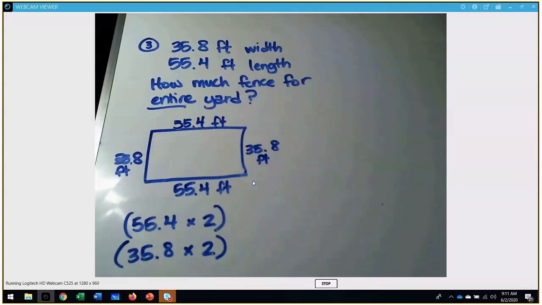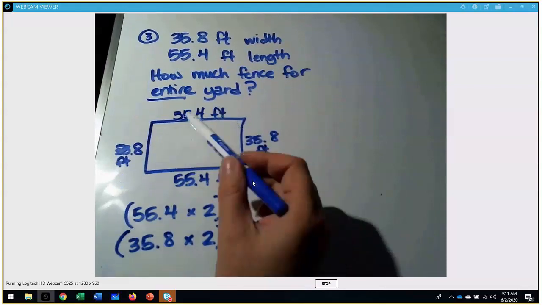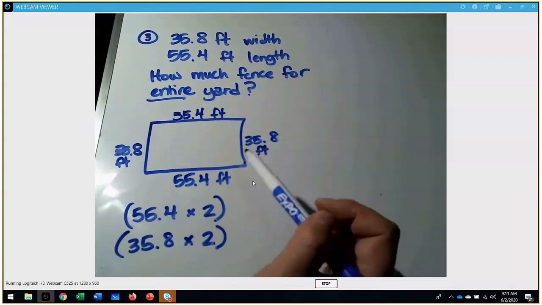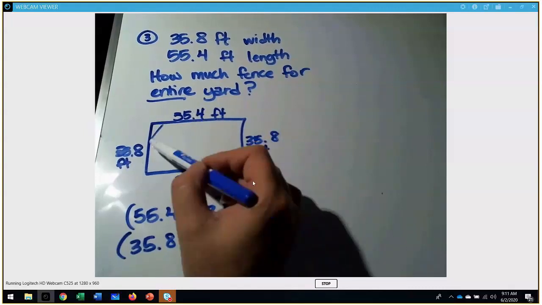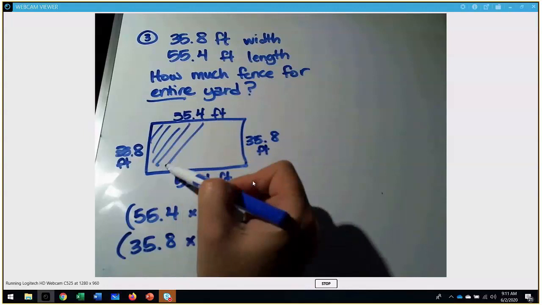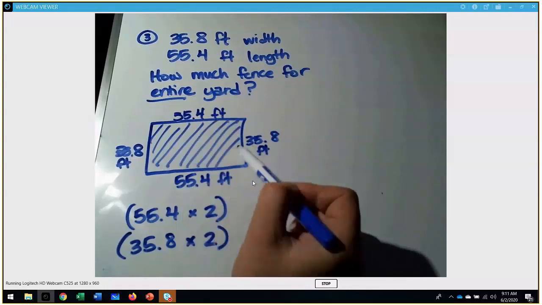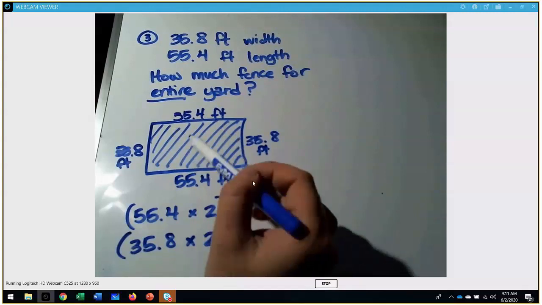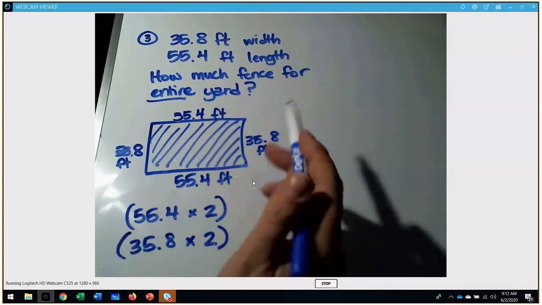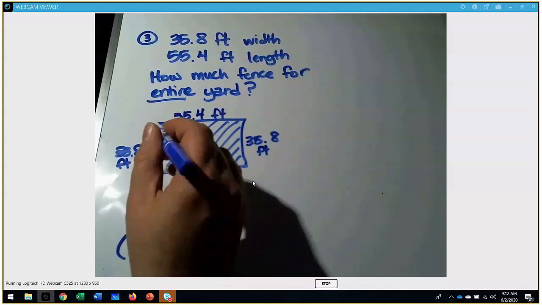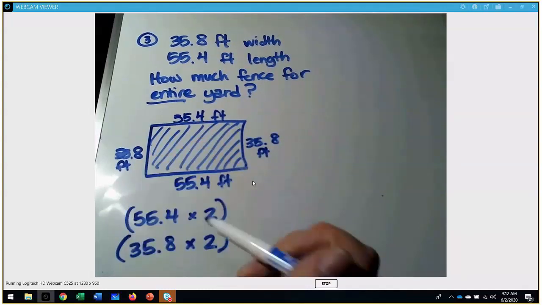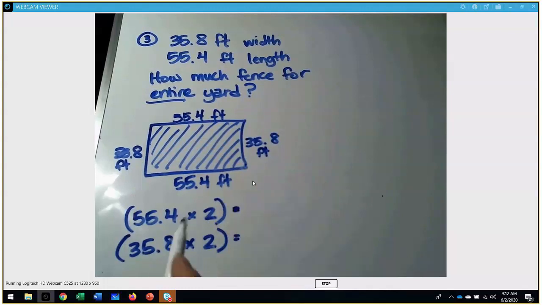You wouldn't multiply 55.4 times 35.8 if that's something you were thinking, because that would give you all the space inside this, and that would be area. We're not putting grass seed down around the whole entire thing. We're putting a fence just around the outline. That's addition. That's perimeter. So let's finish this out and let's see what we get.